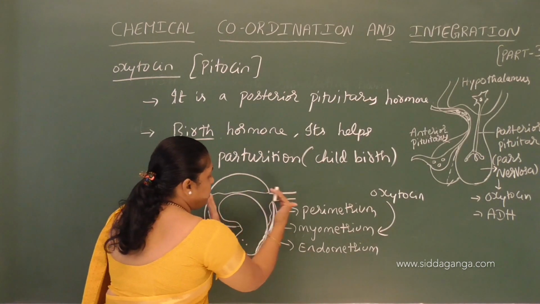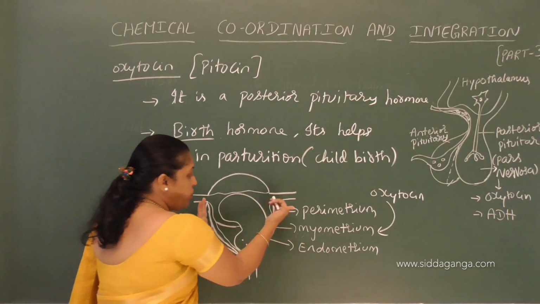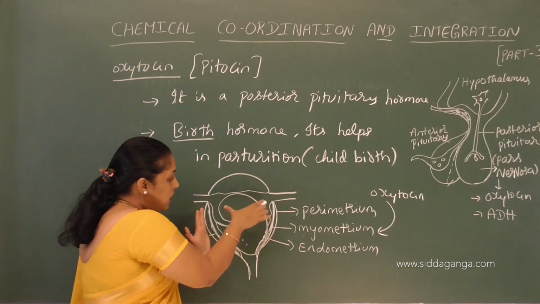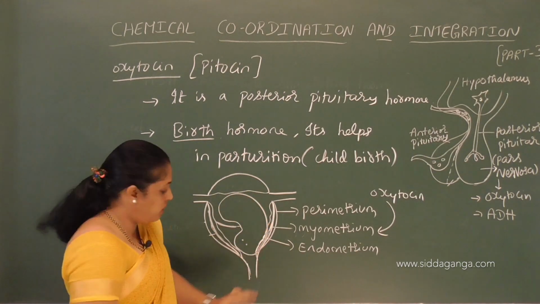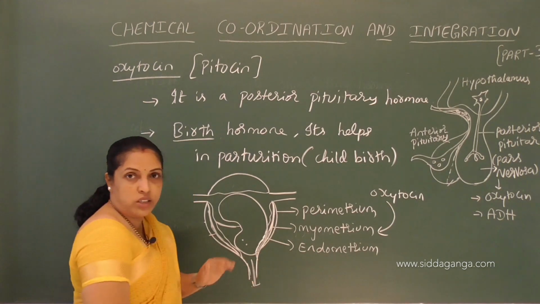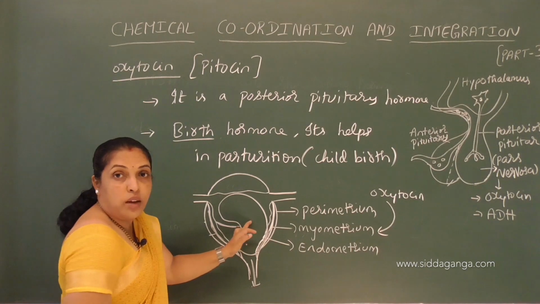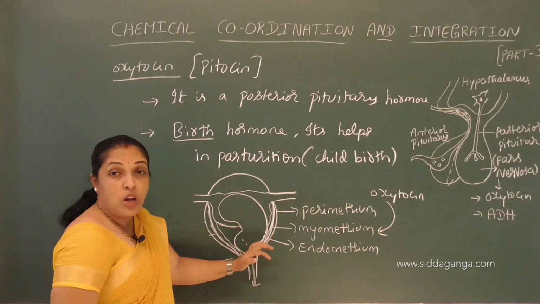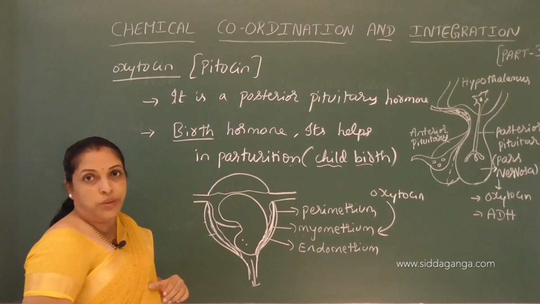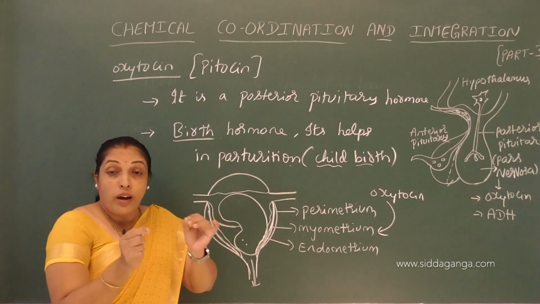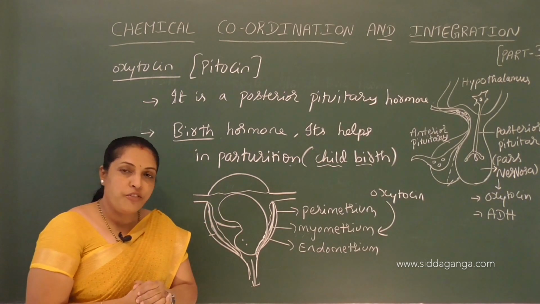Strong, vigorous constriction of uterine muscles occurs, that helps to expel the fully developed fetus outside the uterus. When uterine muscles constrict, what happens? The fully developed fetus will come out from the uterus. That is nothing but childbirth or parturition. So oxytocin is called birth hormone because it helps in the delivery of a completely developed fetus.